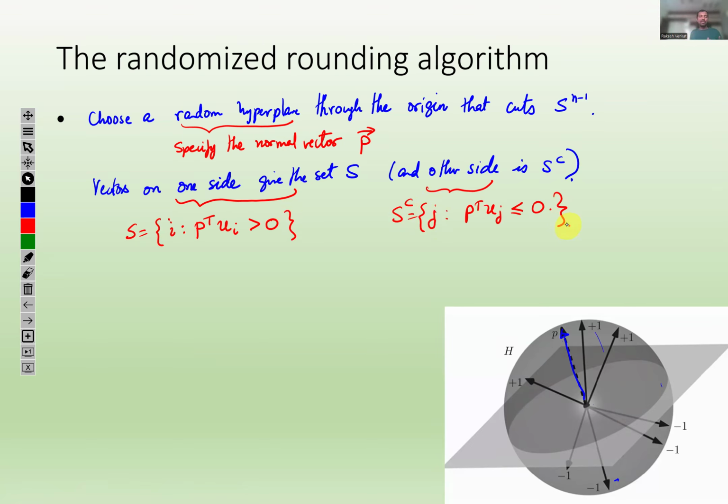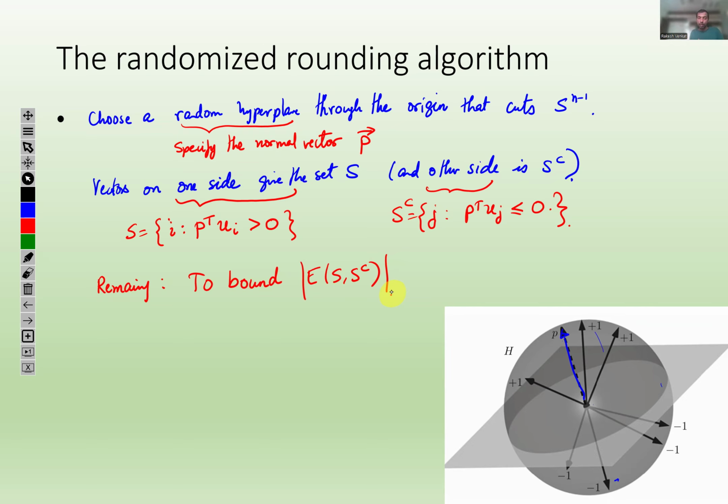This is clearly a valid cut. It's a partition of the vertices. And what remains to show is that this cuts many edges. But like in the previous randomized algorithm for max cut, I'm not going to actually bound the number of edges directly, because that's a random function.